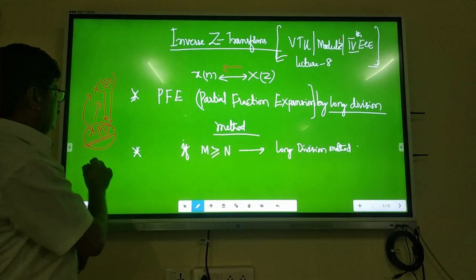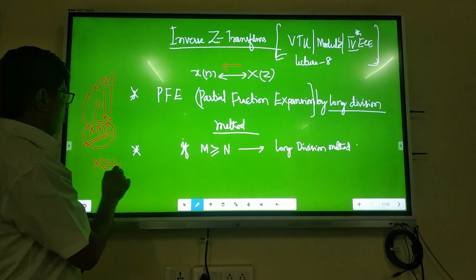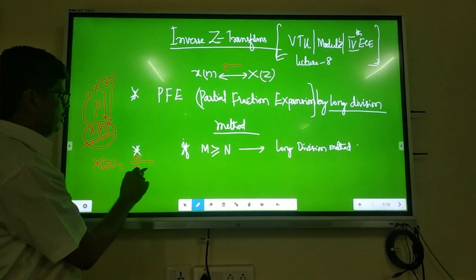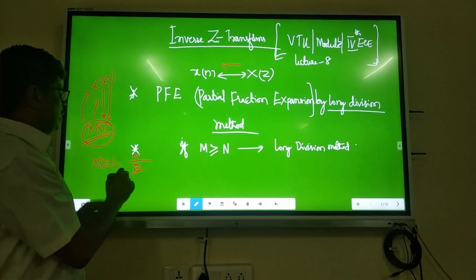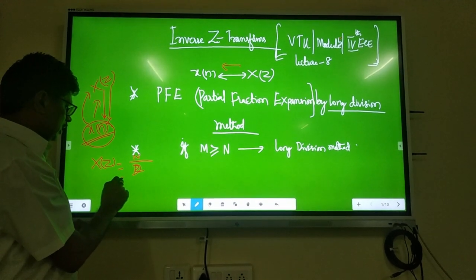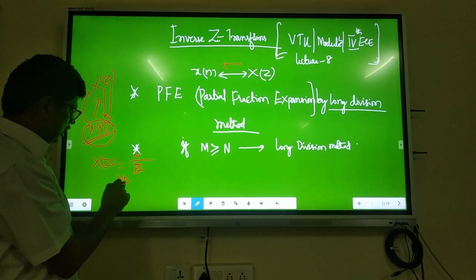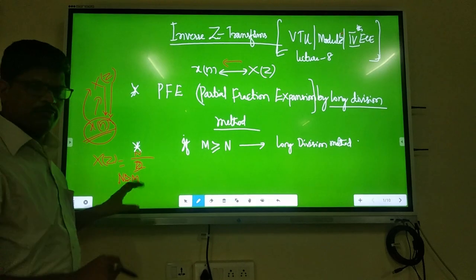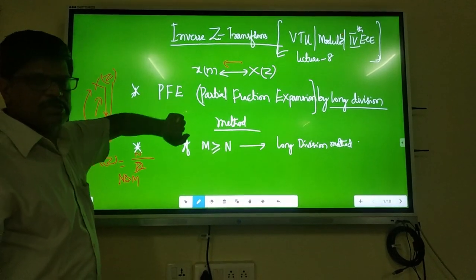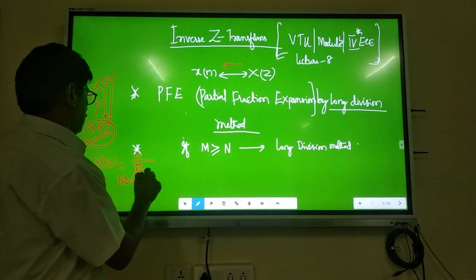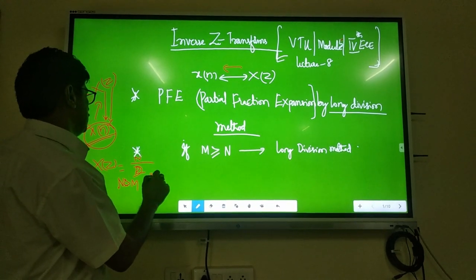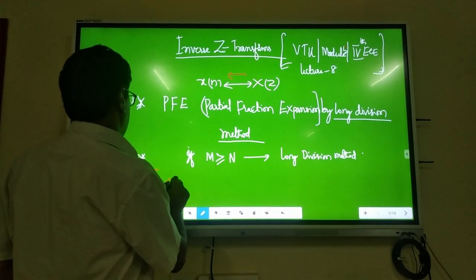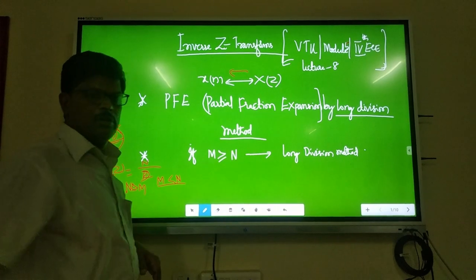In X of z you will get polynomials in the numerator and denominator, right? If n is greater than m, we studied that. If m is less than n, we studied that.